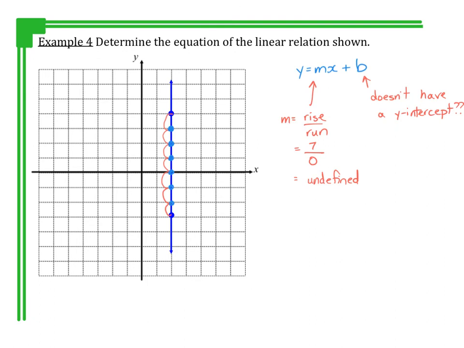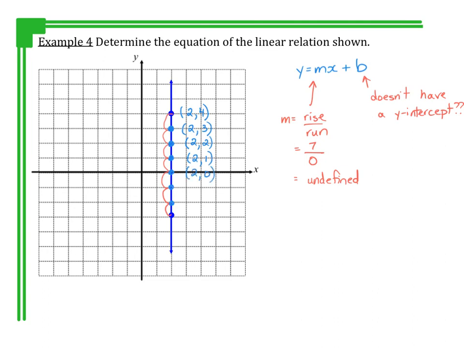Okay, so let's go up to the top here. This point has coordinates 2, 4. If I move down to the next point, it has coordinates 2, 3. And if I keep moving down, the next one would be 2, 2. The next one would be 2, 1, 2, 0.